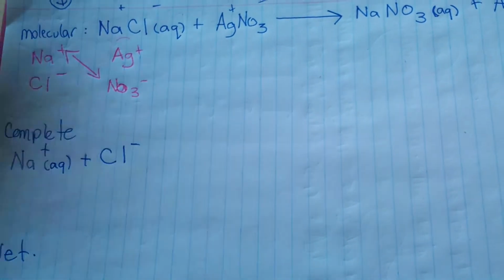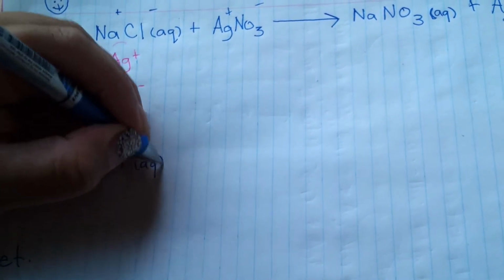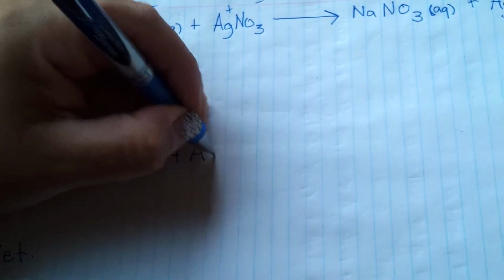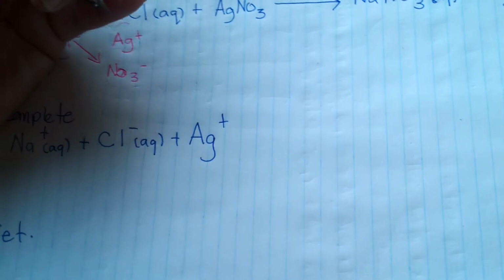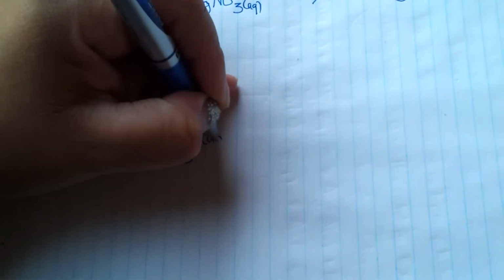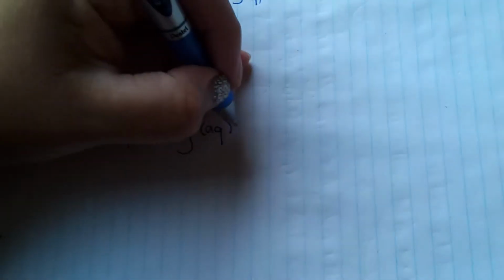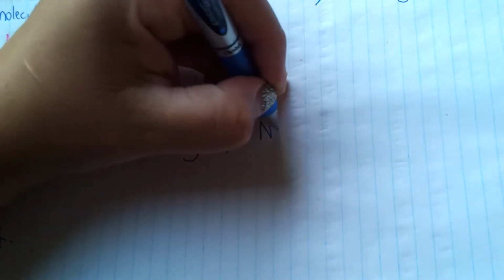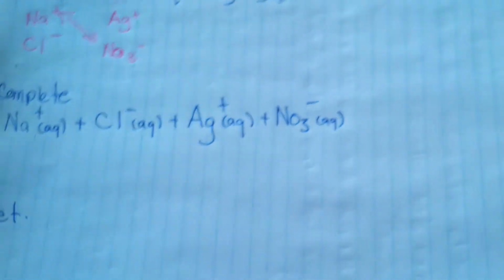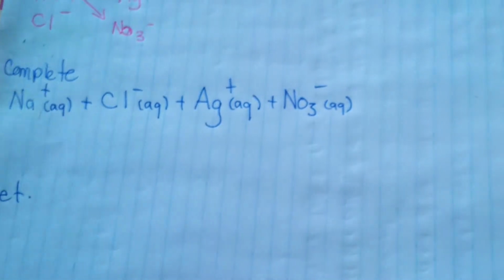Cl-, also aqueous, plus silver, and that one is also aqueous, plus nitrate, aqueous. So we have that. This is all of our reactants.